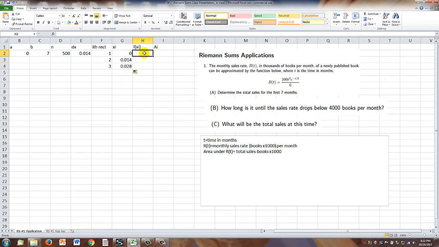F of xi is this formula right here, this function. So that's equals 100 times t squared times exp to the -1 times t divided by 2, close parentheses, and then I'll just put parentheses around the numerator and then divide by 6.